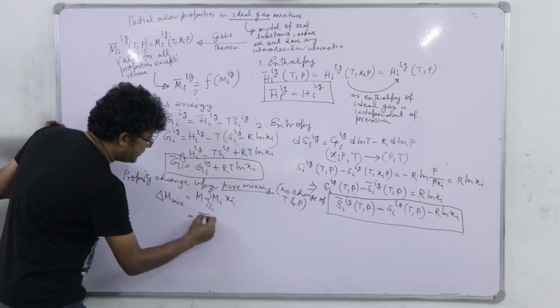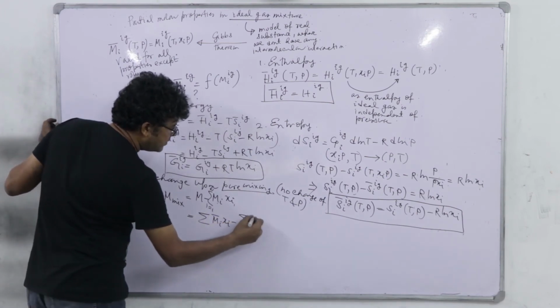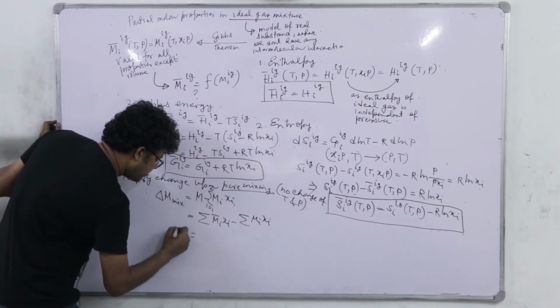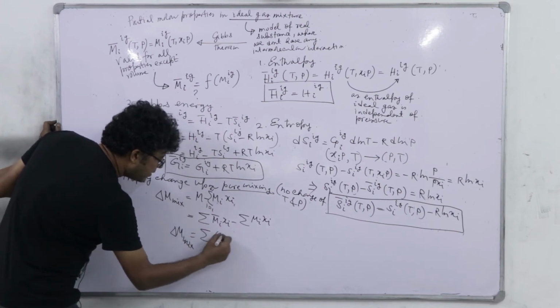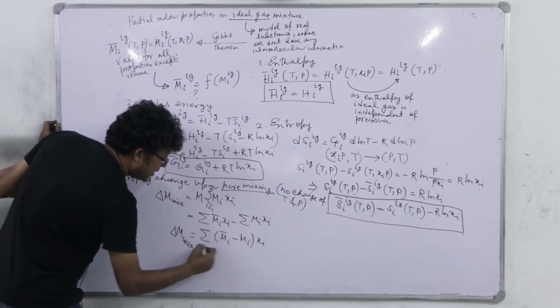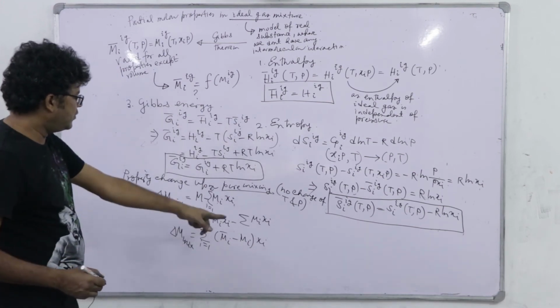And we know from summability that this is the summation of Mi bar xi minus Mi xi. So, obviously, delta M mix is the summation of (Mi bar minus Mi) times xi, for i equal to 1 to n.